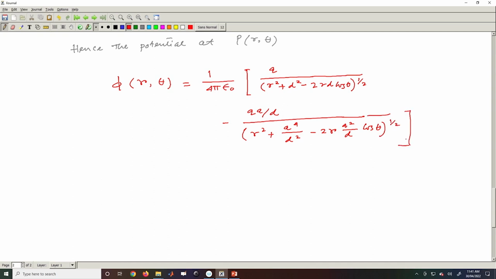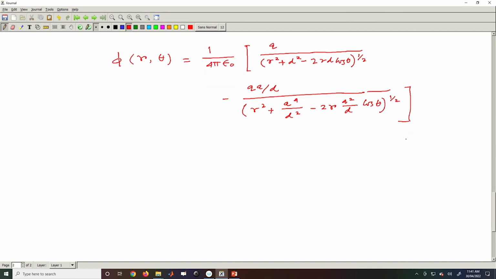That should be my potential, and you can see that for this potential both boundary conditions are satisfied. The first boundary condition: phi at r equal to a is 0. If you put r equal to a here, then you should see that this quantity has to be 0.